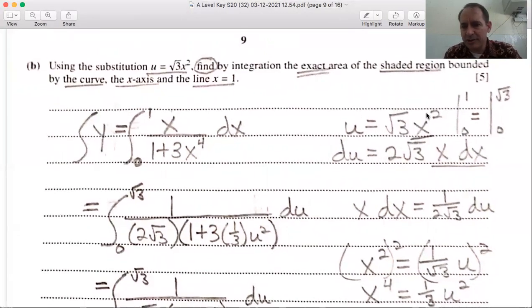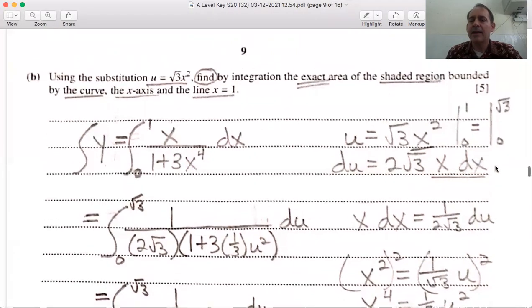So the du is equal to 2 root 3x dx. And also what I like to do at the beginning is to change the bounds of integration from the variable x into variable u.